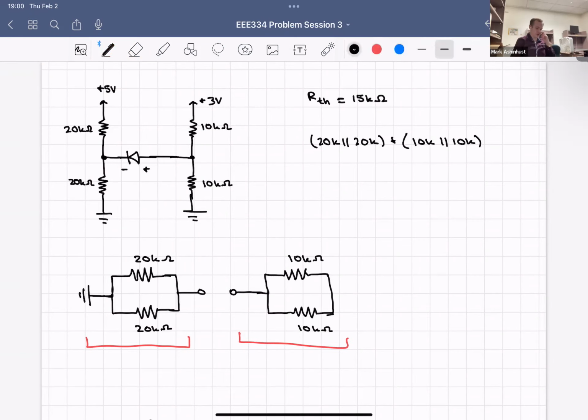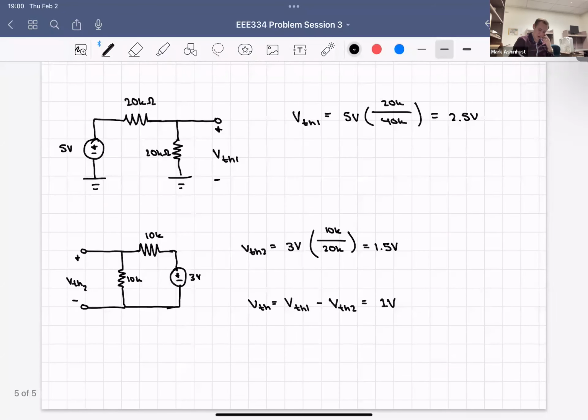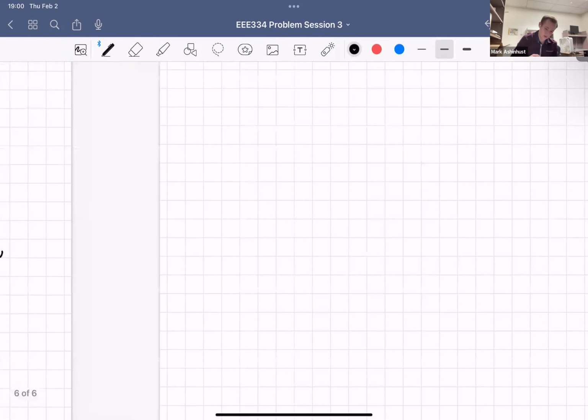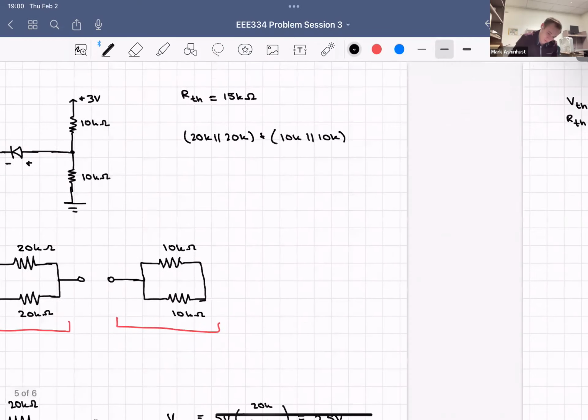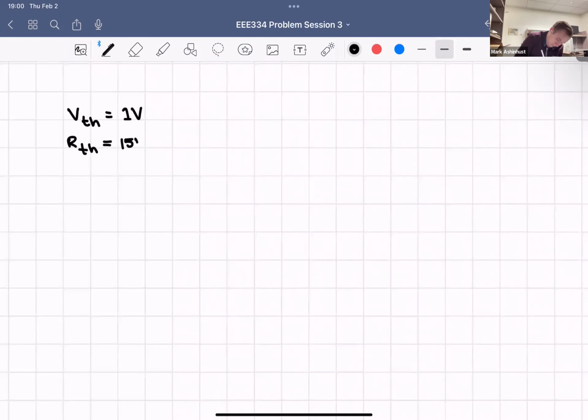So when we're doing the voltage across the diode, we have our VTH, which we know is 1 volt, and then we have our RTH, which we know, what do we solve RTH for, is 15 kilo ohms. I'm going to draw that out. There are 1 volt.